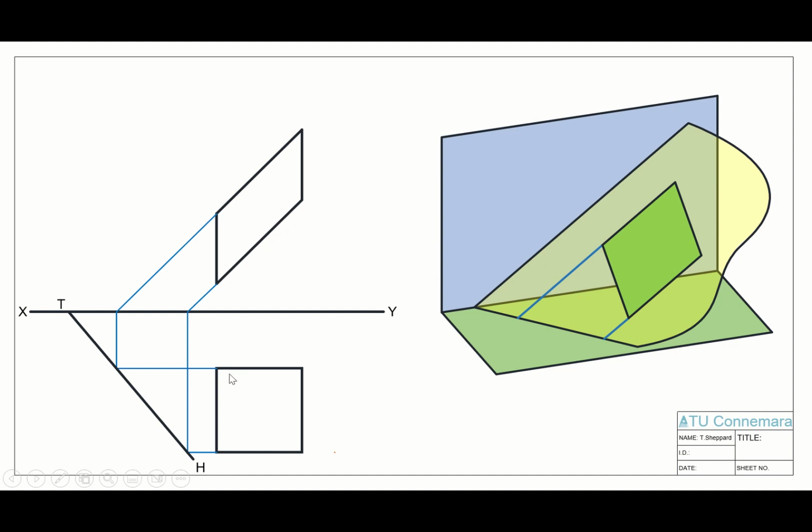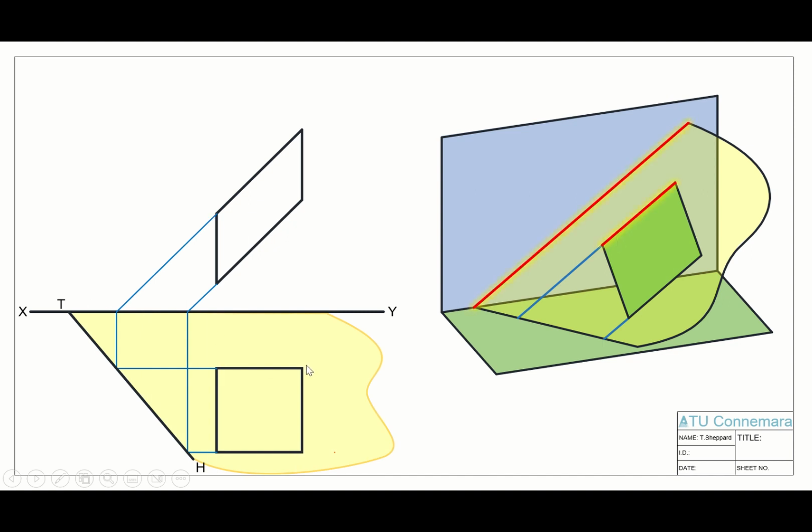If you're stuck into the idea of extending it on, you're going to run into a problem. But the actual problem is solved much more simply. That line is parallel with the vertical trace in plan view, because the vertical trace is seen on the XY line, so it should also be parallel in elevation. All you need to do is see they're parallel, so they will be parallel in elevation.